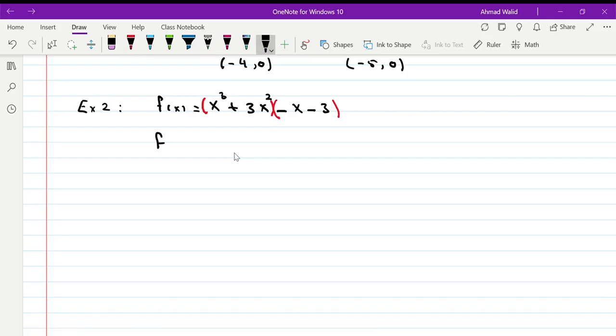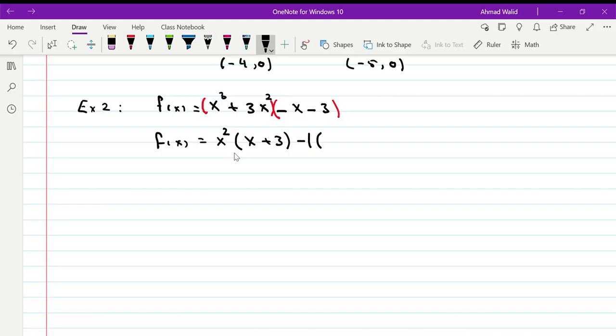Now, f of x equals, what is common between x cubed and 3x squared? Of course, x squared. What is left here? x plus 3. What is common between negative x and negative 3? The only common factor is negative 1.